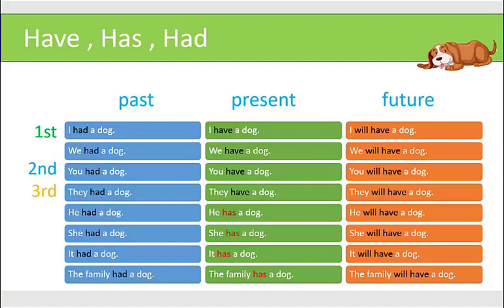Okay, here are all the variations of have, has, and had that we've looked at so far. So, it changes slightly only when we are looking at the present tense.